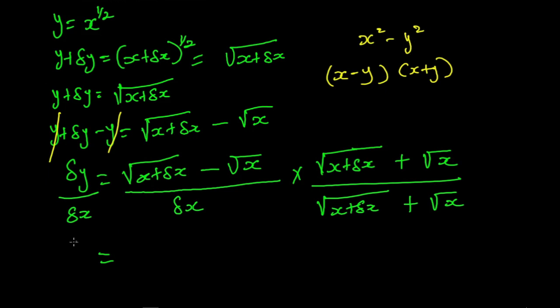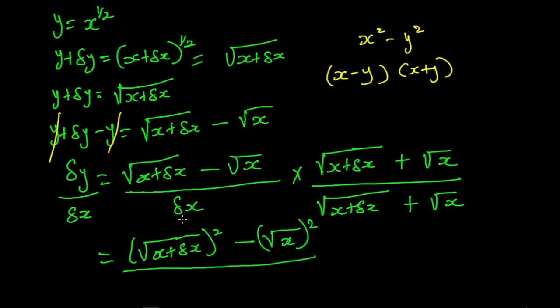That means we can simply replace these two, taking this as our x and taking this as our y. That means we can say this is the same as the square root of x plus delta x squared, then minus the square root of x squared.